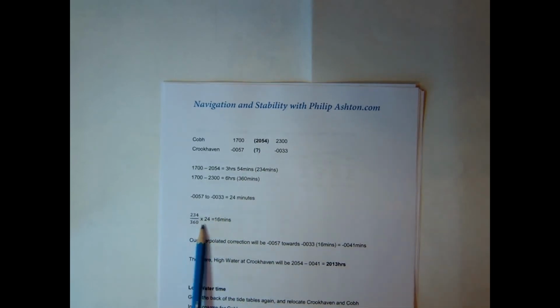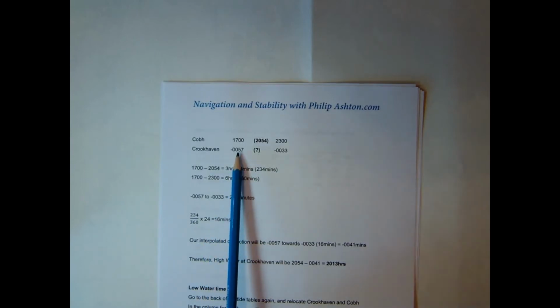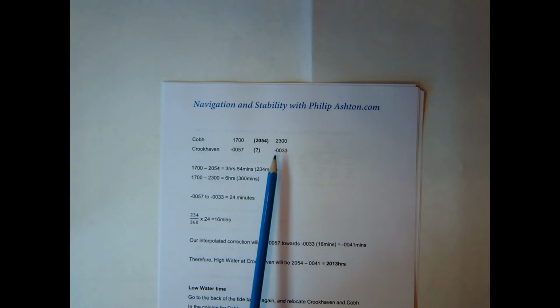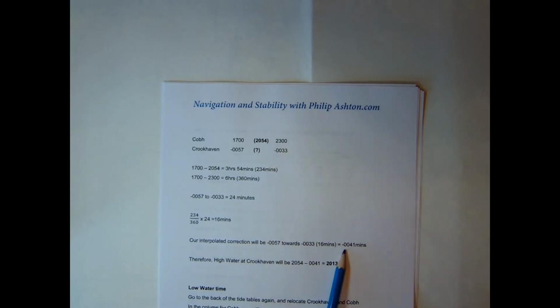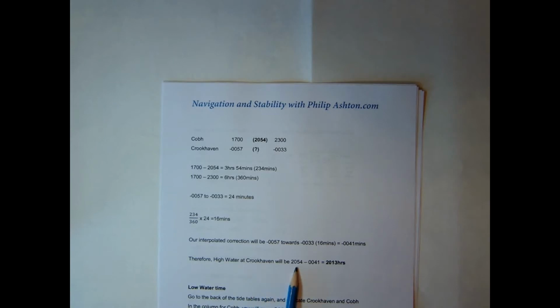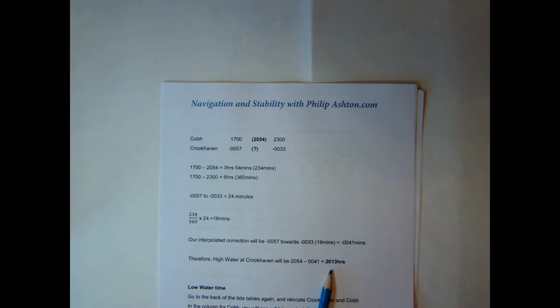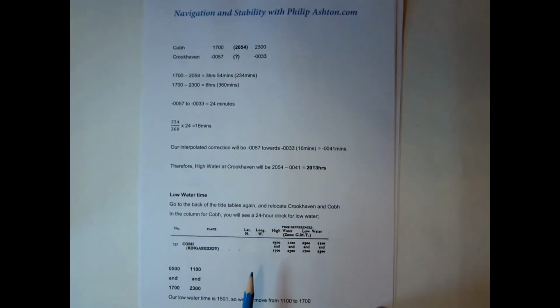So do the maths and you find 16 minutes is the value. So we're going to go 16 minutes from there towards there, and it gives us a correction of minus 41 minutes. So high water at Crookhaven will be 2054 minus 41 minutes, 2013. Now let's look at low water, which is the same principle.